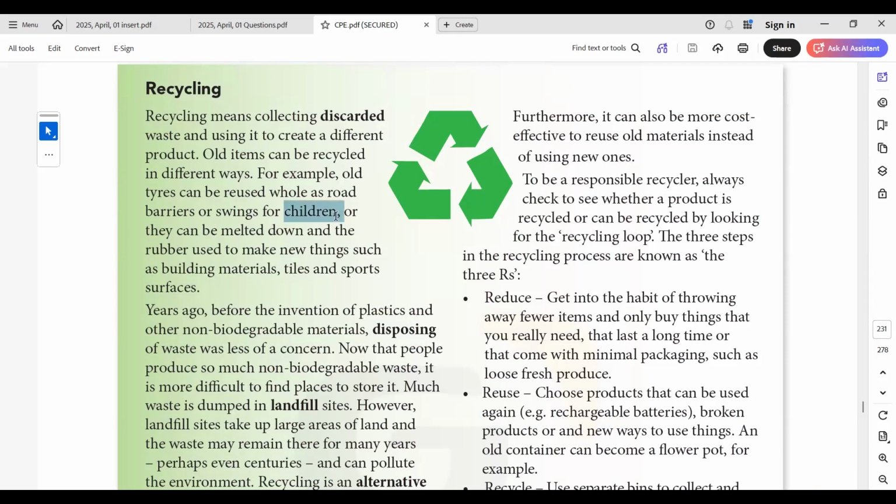Think about it. What is the use of this comma? Come on, read from the beginning of the sentence. Old tires can be used whole as road barriers or swings for children, or they can be melted down and used as rubber.